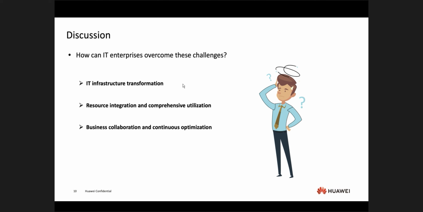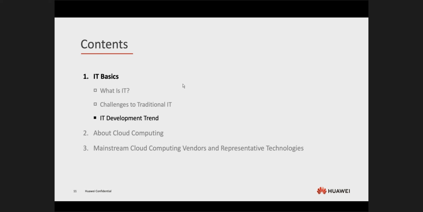So when we look at discussing these things, you have to think about how you are going to transform your infrastructure, how you are going to think of resource integration and how to utilize your information, and also understanding the business collaboration and continuous optimization of those things.